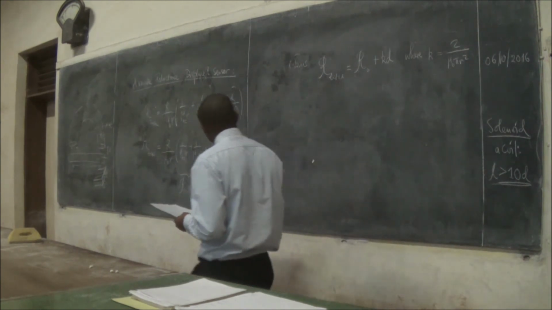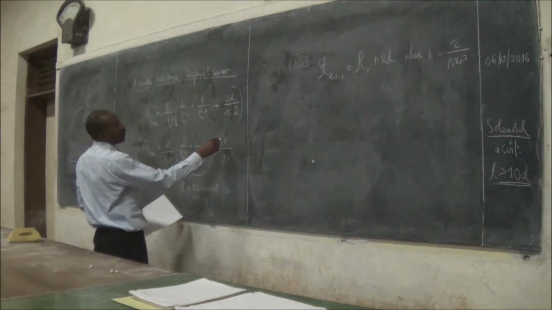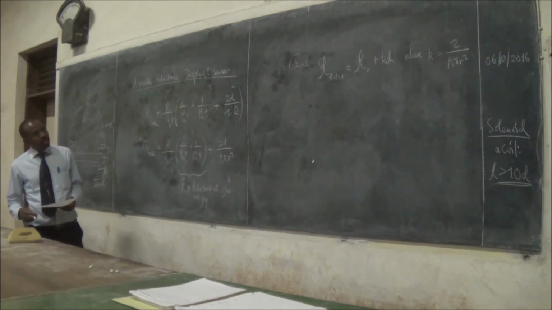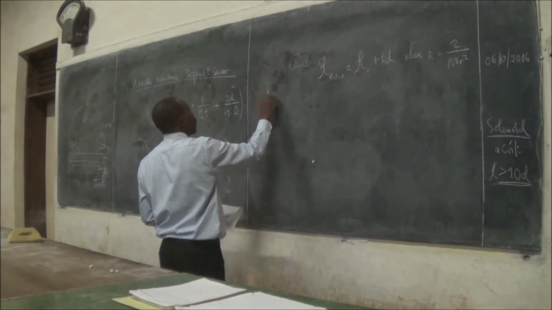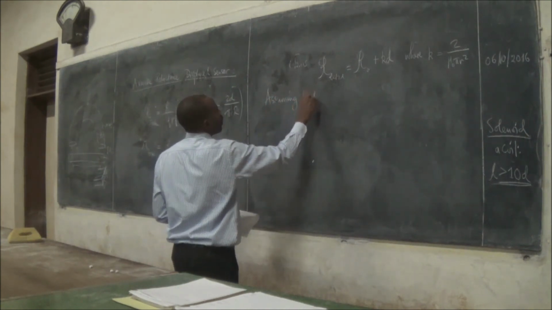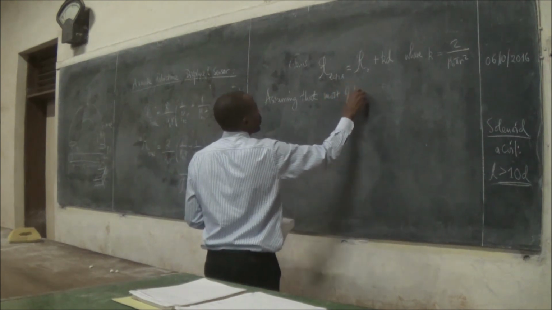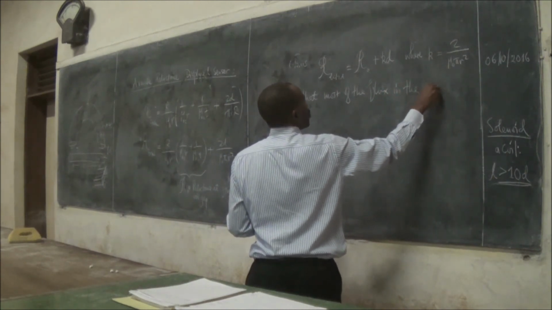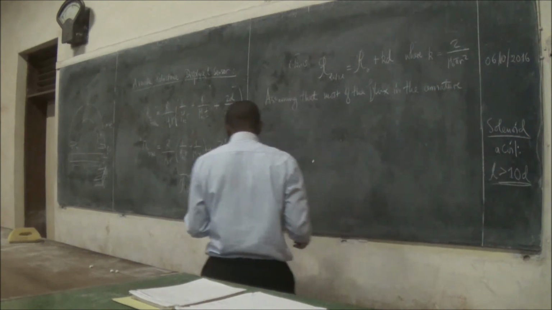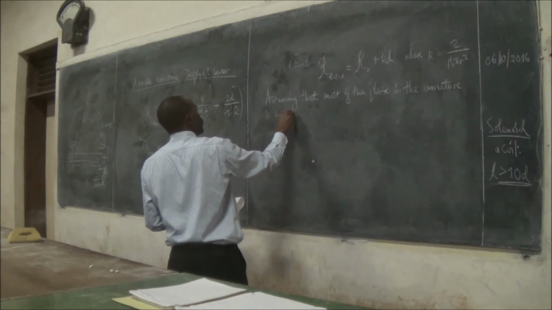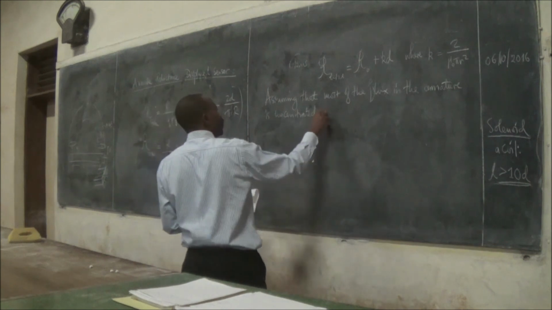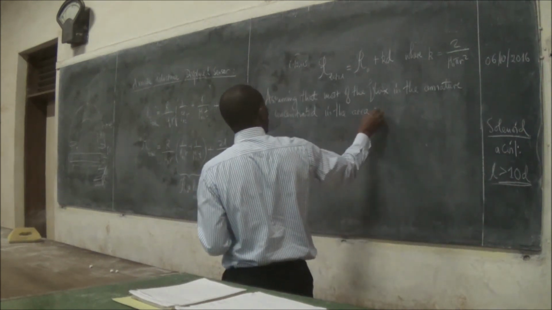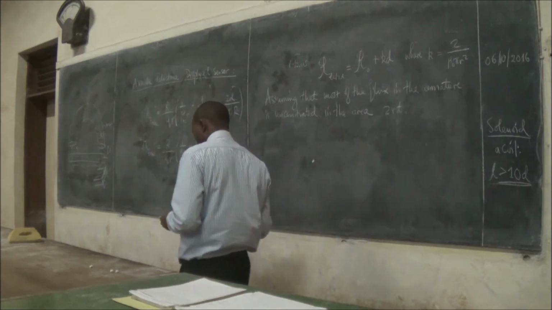I've just replaced this 2 over this with K. So assuming that most of the flux in the armature is concentrated in our cross-sectional area of the armature, which is 2R T.